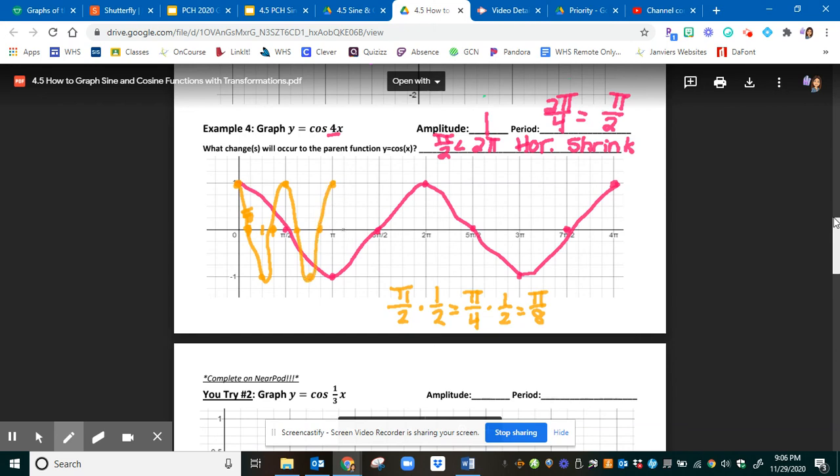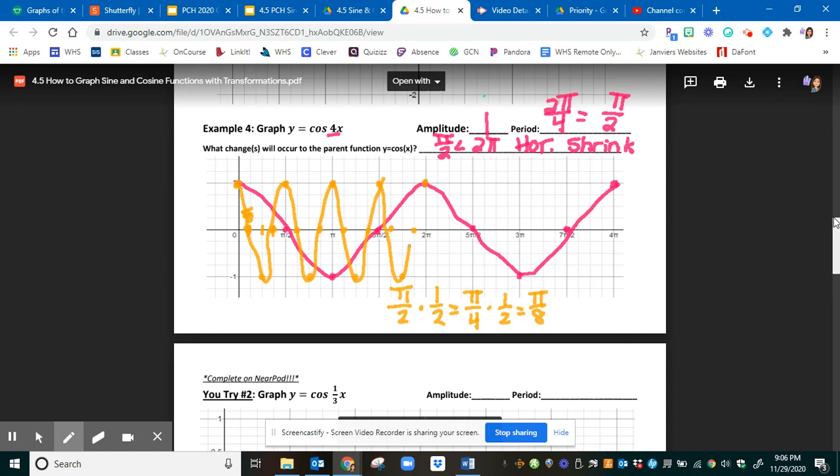Then 9 pi over 8, 10 pi over 8, 11 pi over 8, 12 pi over 8, which reduces to 3 pi over 2. Then 13 pi over 8, 14 pi over 8, which we can reduce, 15 pi over 8, and then 16 pi over 8, which reduces to 2 pi. So we know we did it correctly.